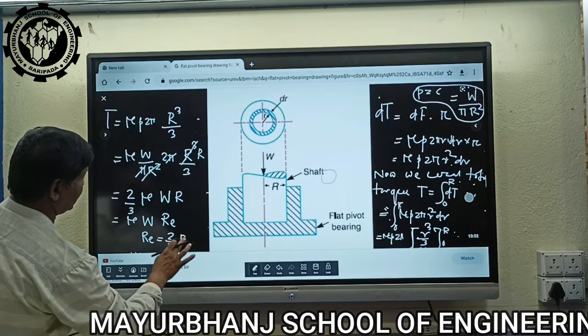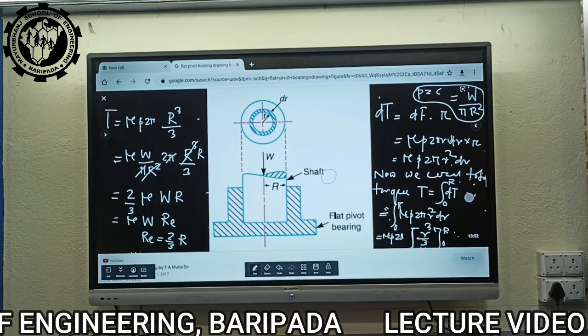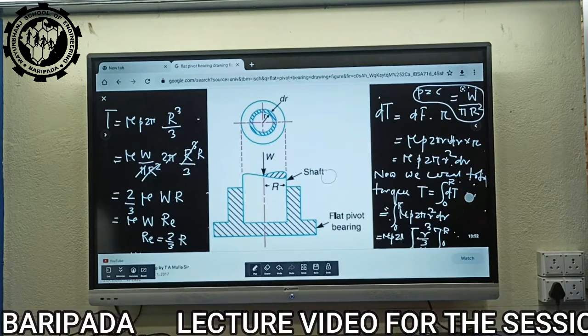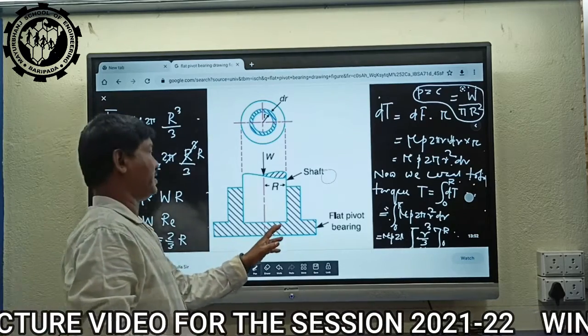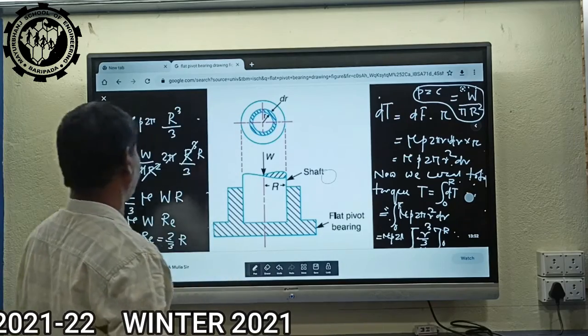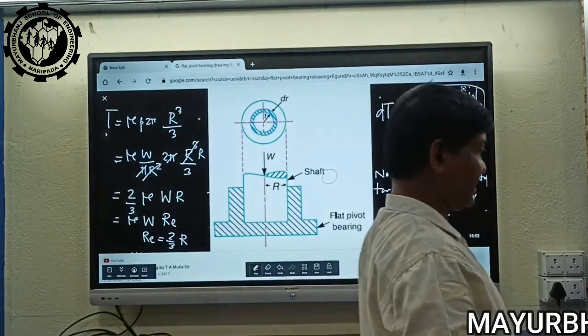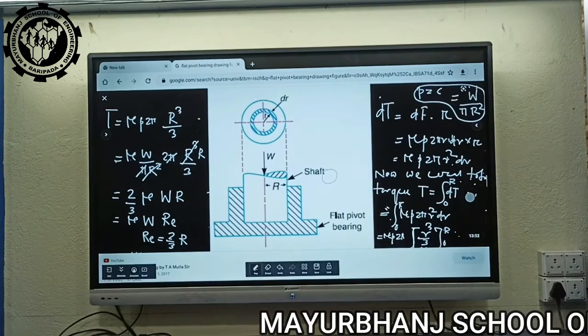The equivalent radius for uniform pressure is 2 by 3 R, for the flat pivot bearing. Then we can go to the second condition, uniform wear.